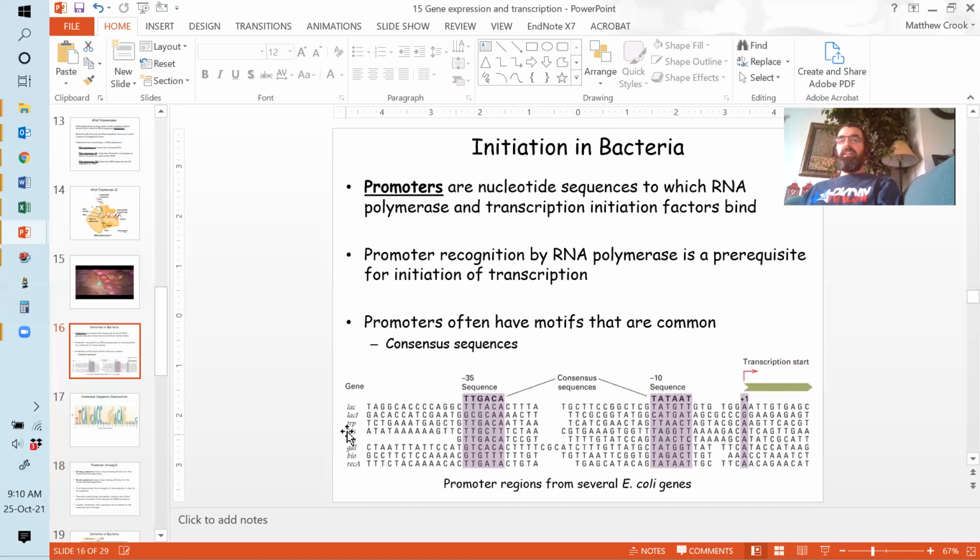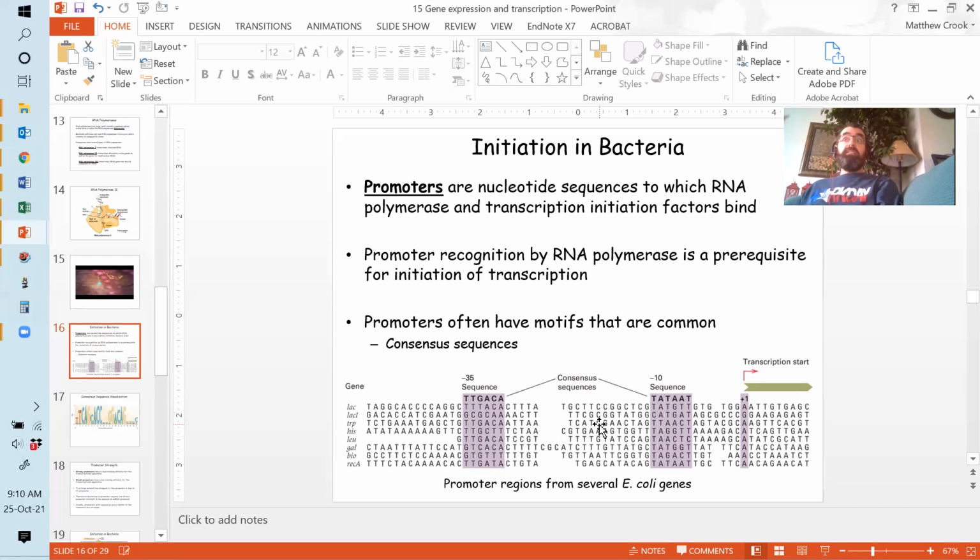Okay, so LAC-I is always produced, but it's produced at a low level. And if you look at the consensus sequences, they're pretty far from the consensus, right? Whereas the actual lac operon product, the one that produces the stuff that turns lactose into glucose, has a much closer match to the consensus sequence.